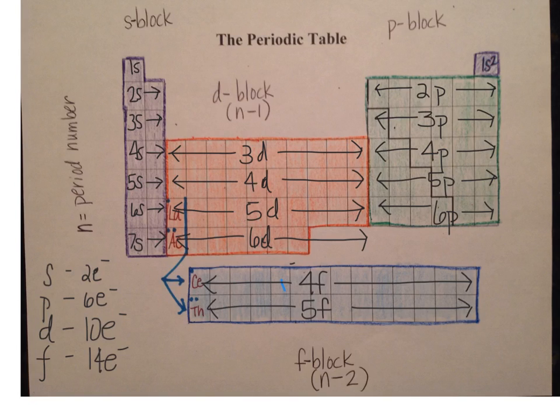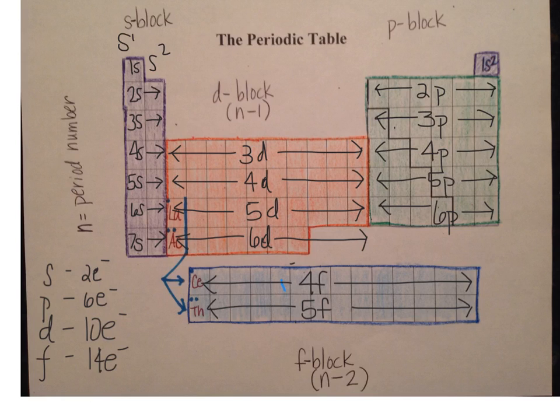So if you look at the S block, we know that it will hold 2 electrons, and so we know that the first one is going to be the S1, and then the second one is going to be S2, meaning the first column, which is where hydrogen and sodium and the etc. are, all of those are going to end in an S1.